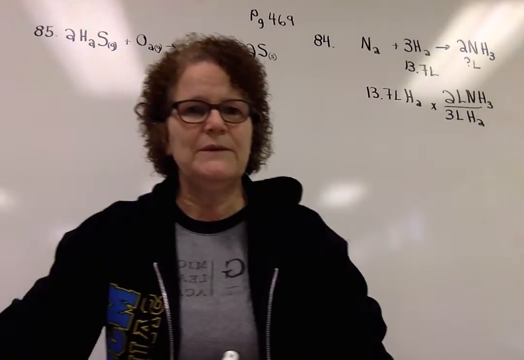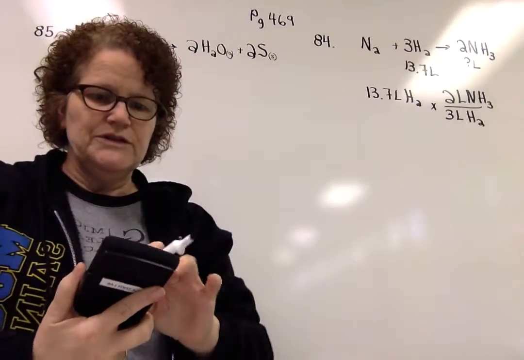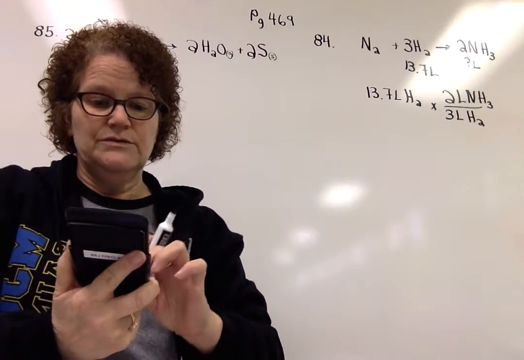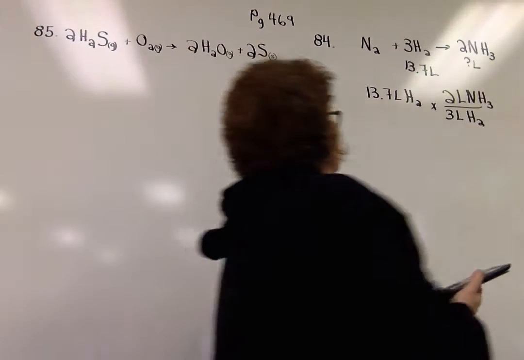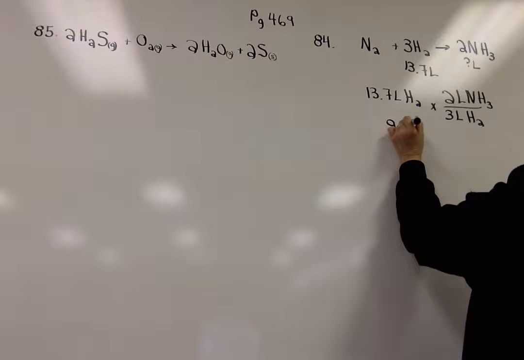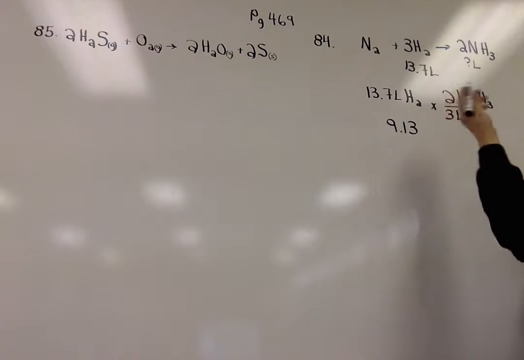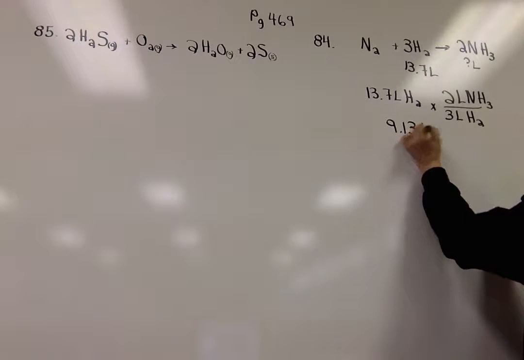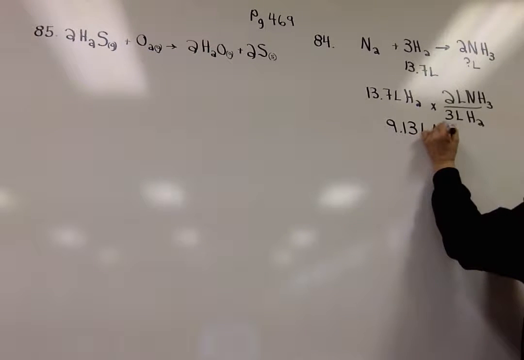All right, so let's grab our calculator. So this will be 13.7 times 2 divided by 3. So we're going to get 9.13 repeating, and we have 3 sig figs in our original piece of information, and that's going to be liters of NH3.